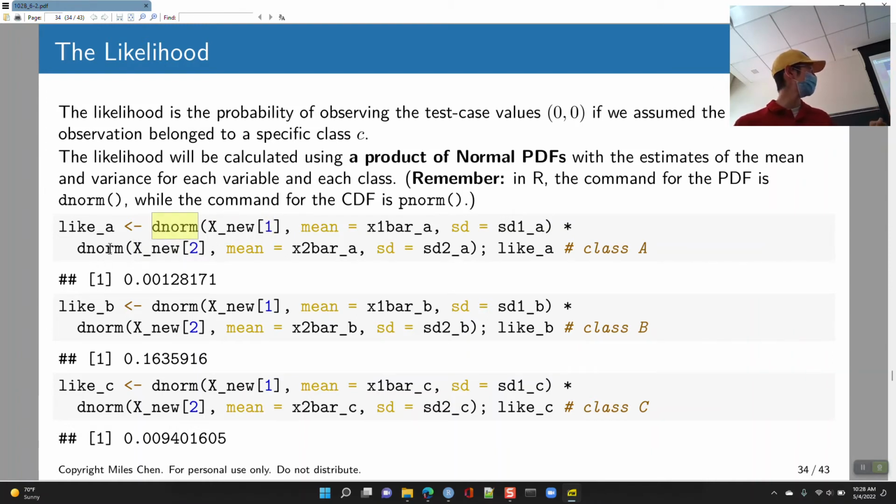It's a product of two dnorms. So rather than one multivariate normal, it's a product of two dnorms. Okay? And that's what we have.